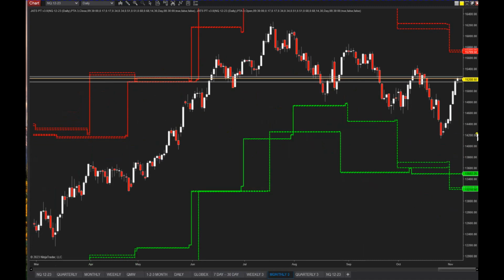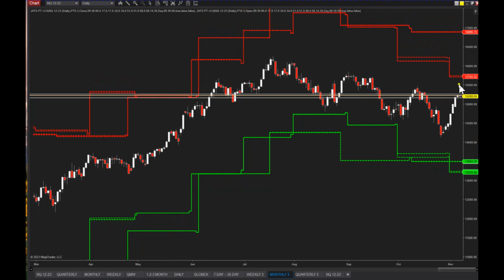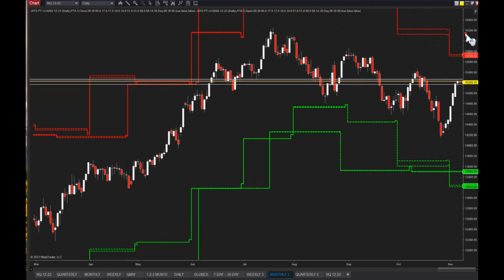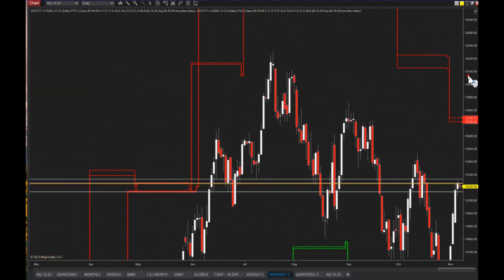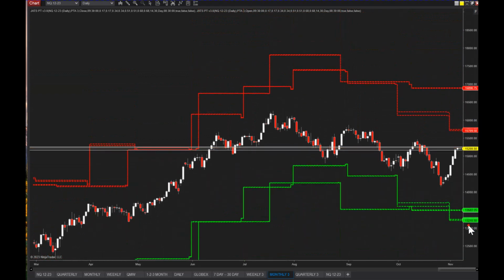Monthly, 14,352 or 14,310 to the bottom. 709.50 to 16,890.75 to the upside. 709 and there's another one behind it, 739.75, so 740. You're just sitting right in front of that 750.